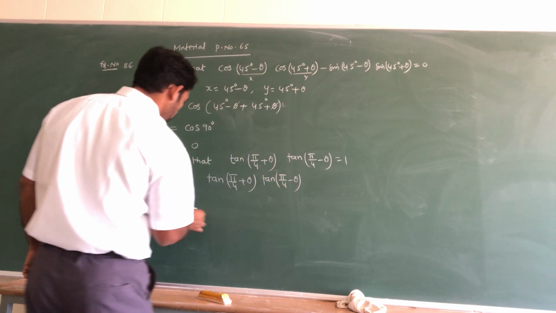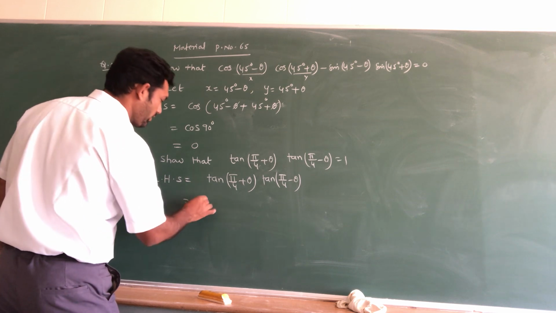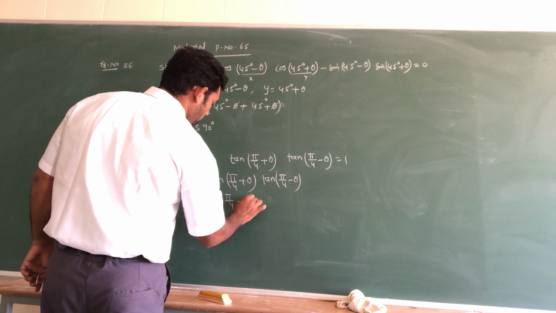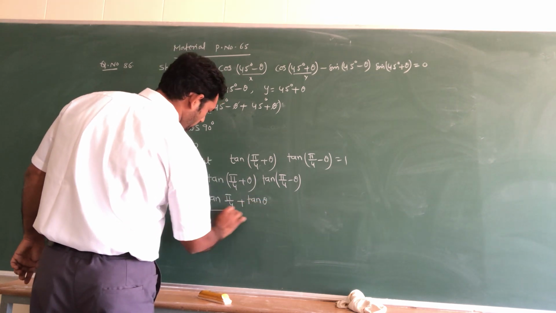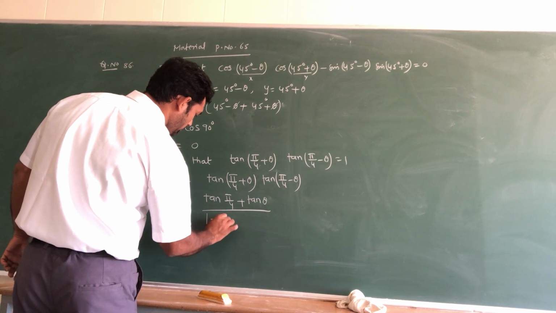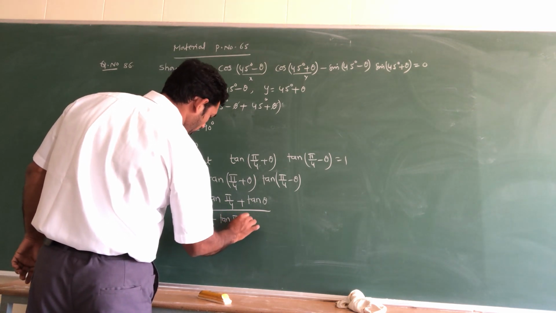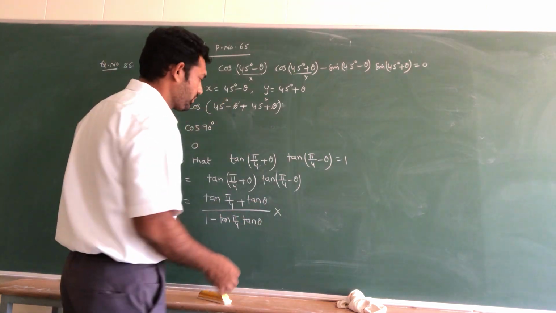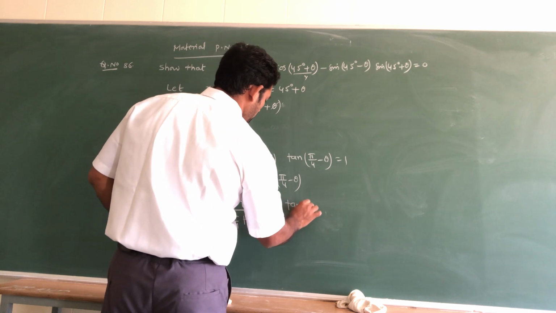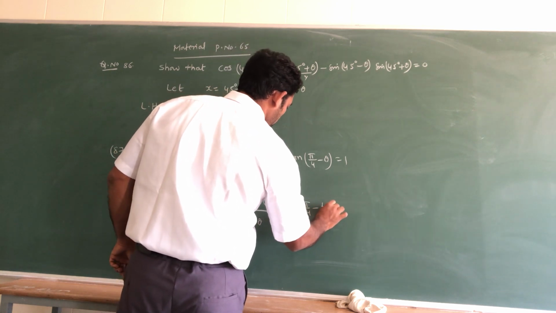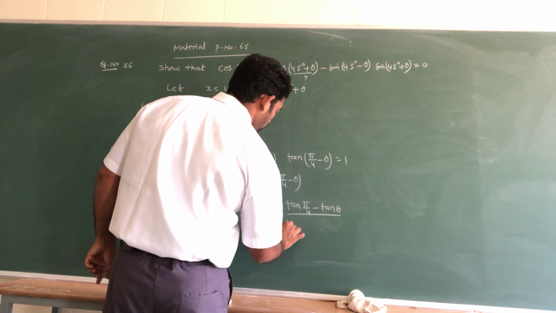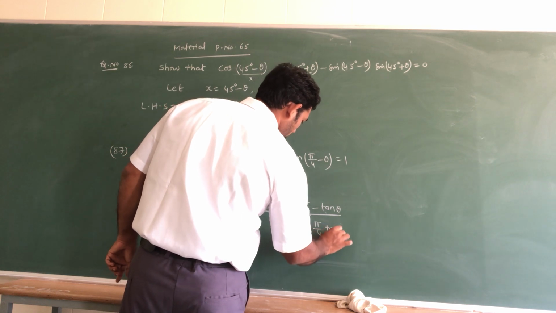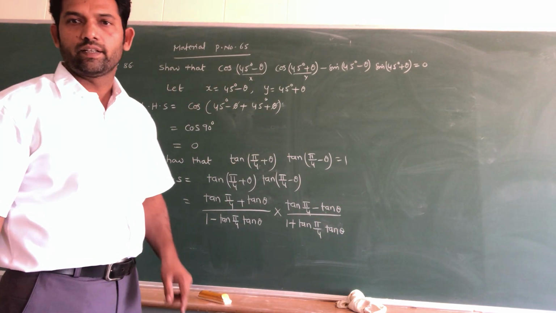So tan(pi by 4 plus theta) means the tan(x plus y) formula: tan pi by 4 plus tan theta, divided by 1 minus tan pi by 4 tan theta, into this, tan(x minus y): tan pi by 4 minus tan theta, divided by 1 plus tan pi by 4 tan theta. Note down.